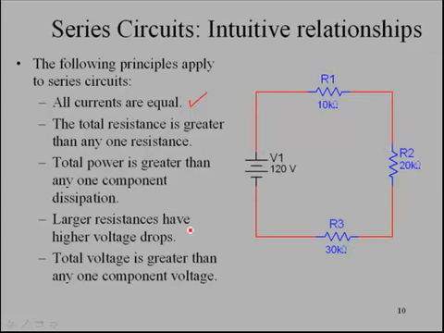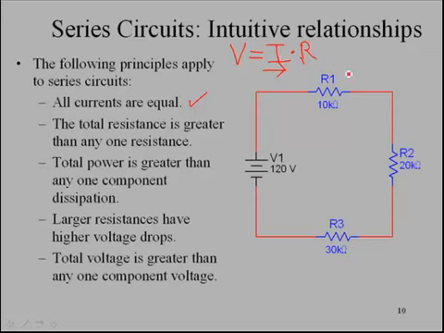Larger resistances have higher voltage drops. Now, that may not be so obvious, but remember we talked about voltage in terms of Ohm's law, and we said that voltage equals I times R. Now remember that we have the same current flowing through this entire circuit, right? So we'll show a flat, horizontal arrow for the current, meaning it doesn't change.